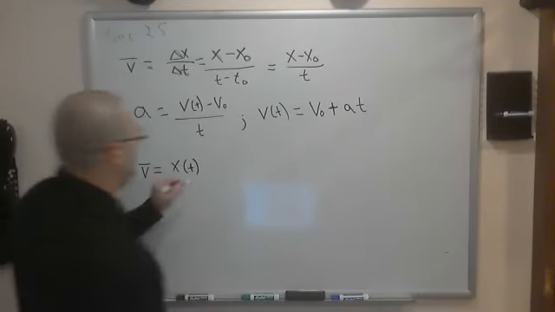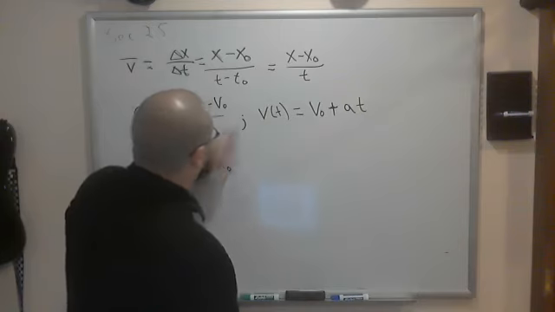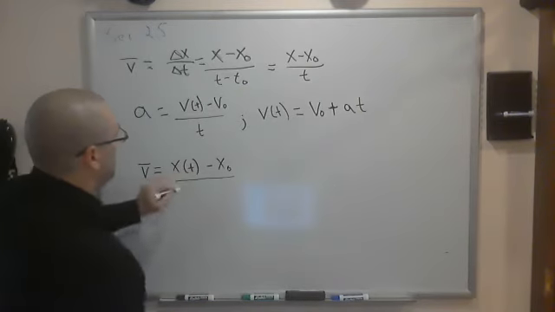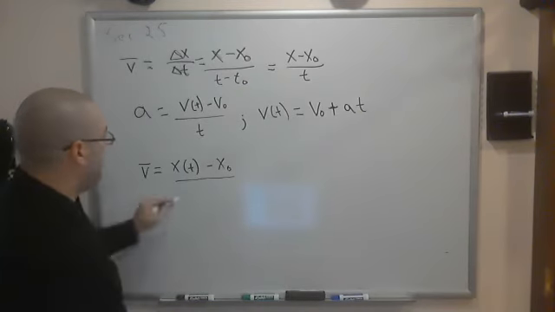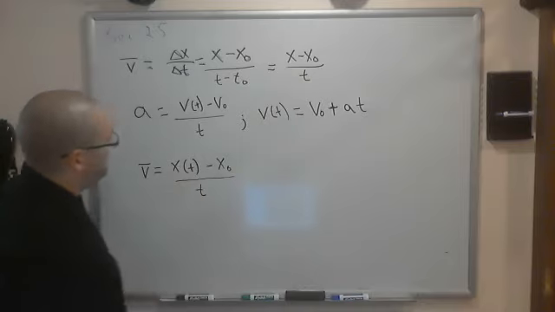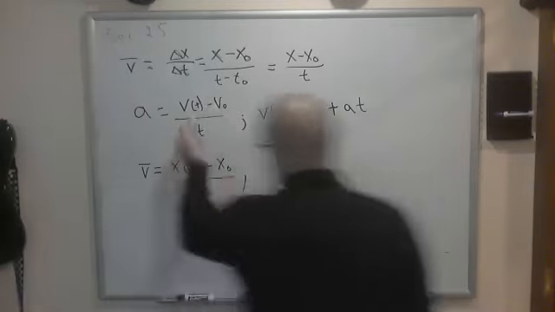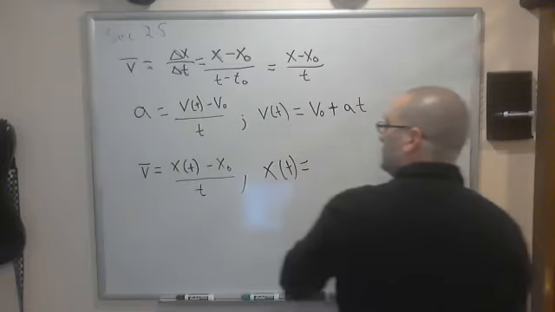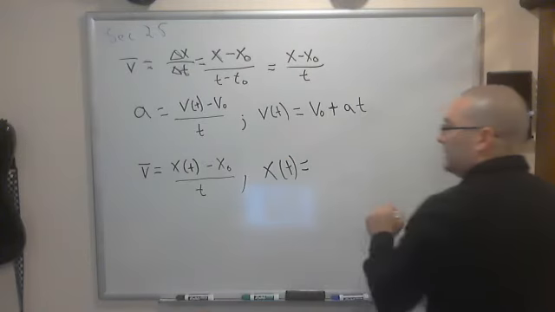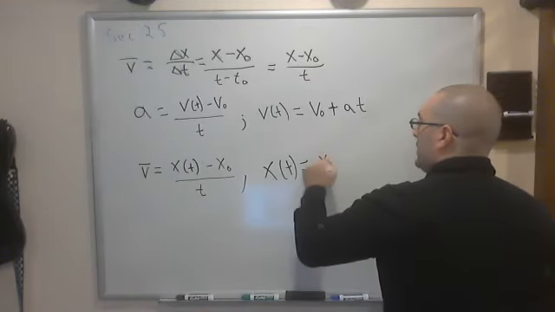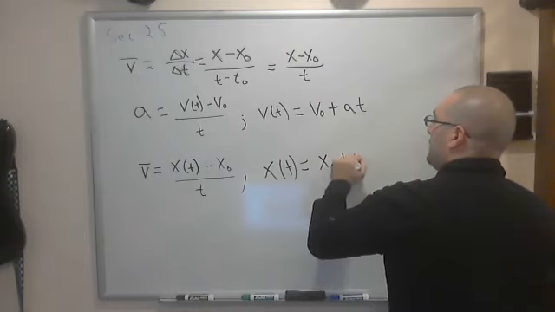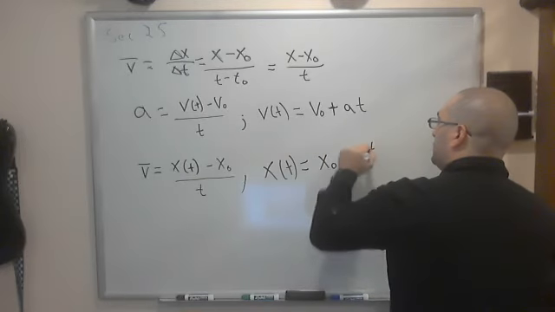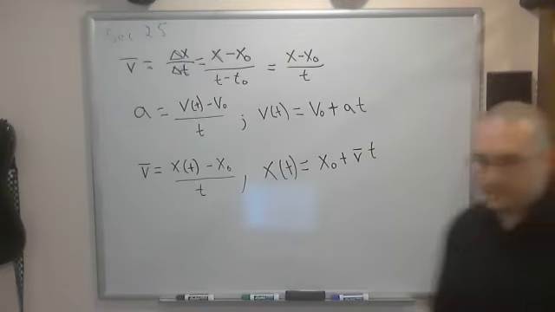We have x(t), I'm rewriting it up there to express that x can change over t. And it's the same formula, and we get the same result, just with the position vector now: x0 plus the average velocity times t.